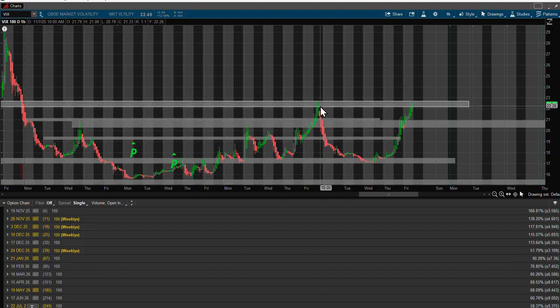But looking at VIX, it's about to open up. If it resists, which right now looks like VIX can come here and close at $25, then this will be the first target price to me right here.